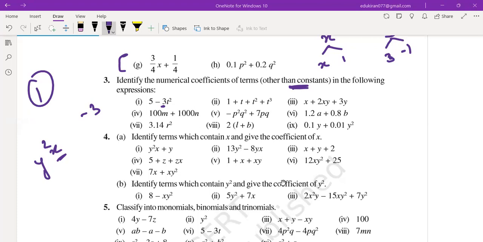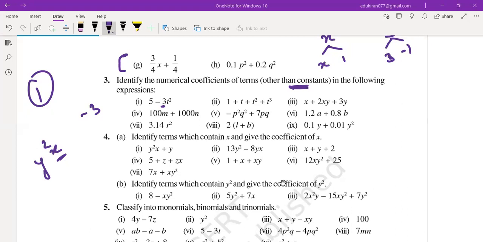Next. Ma'am, can you just repeat that answer again? Which one you told, Chakrika? Yes, ma'am. The term is zx. Fourth one, ma'am.